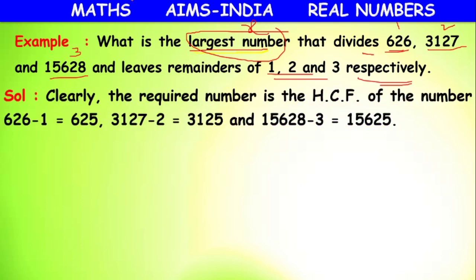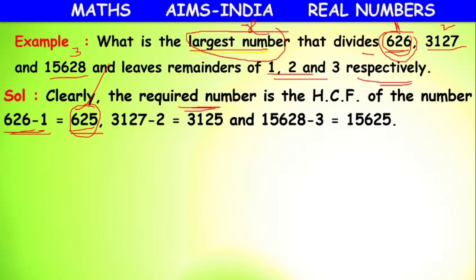So how to find it? The required number won't divide 626 exactly. It divides 626 with the remainder 1. That means if we subtract 1 from 626, we will get 625, and that 625 will be divided by x exactly.